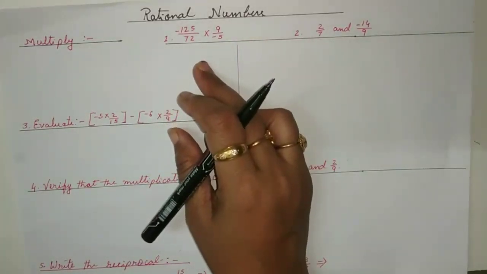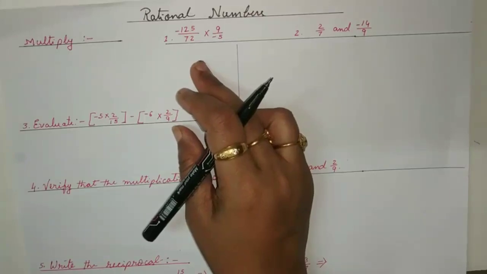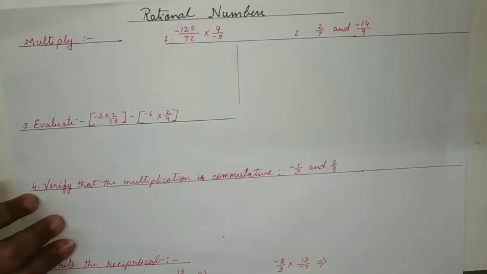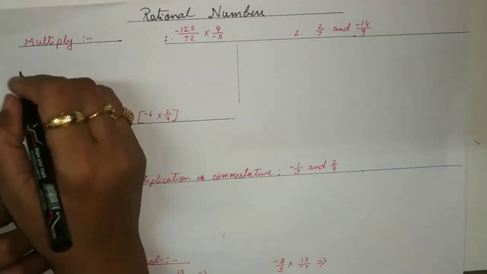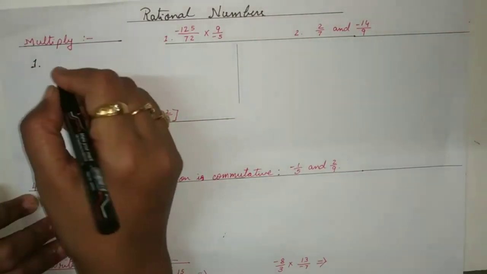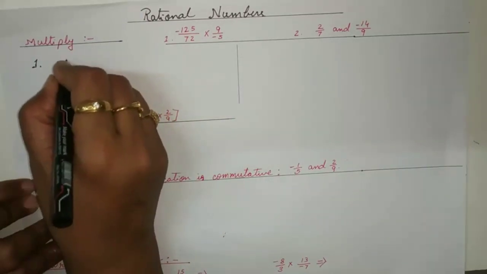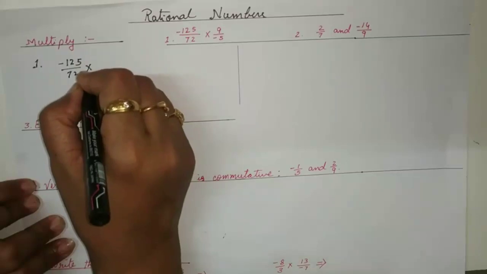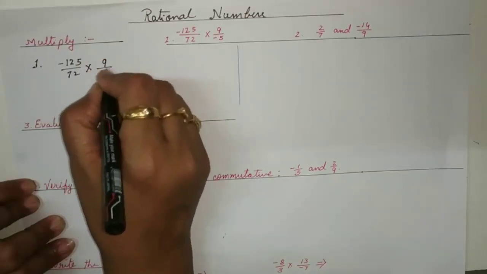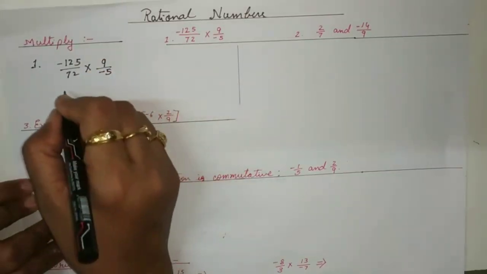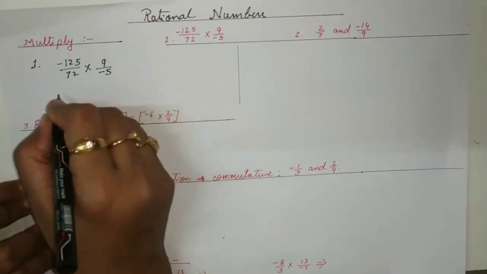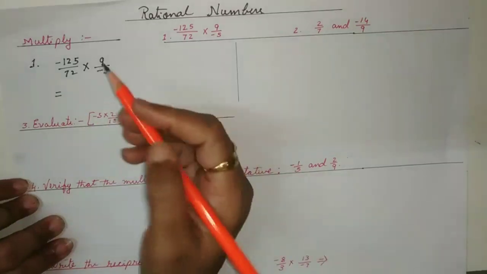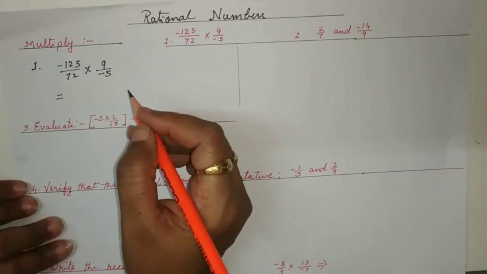Now if I say minus 125 by 72 into 9 by minus 5 and you have to multiply, then your first one is minus 125 by 72 into 9 by minus 5. You all were taught last year how to cancel. And you are doing it with a pencil, always remember.